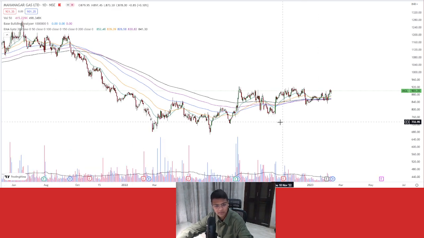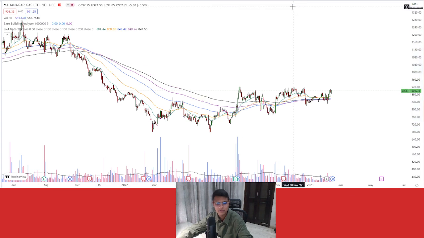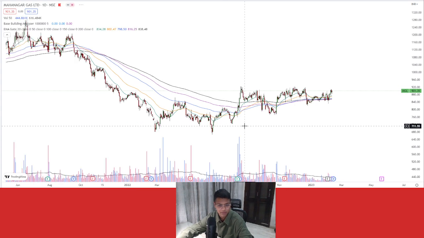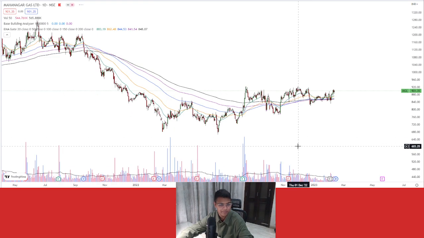What I observed in this chart was we had marked this downtrend from here, which had ended completely, and the stock had reversed its trend. That's what we could see in the higher time frames. Now we try to find out where we can enter this stock. We cannot enter it anywhere, but a specific point is required for our entry.